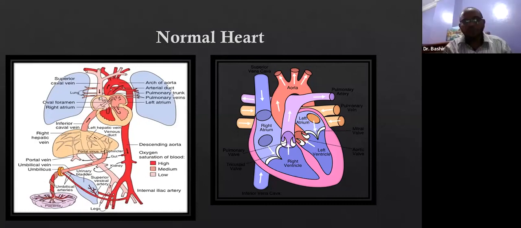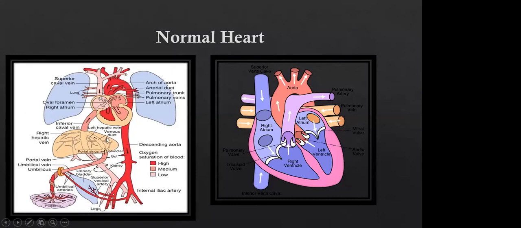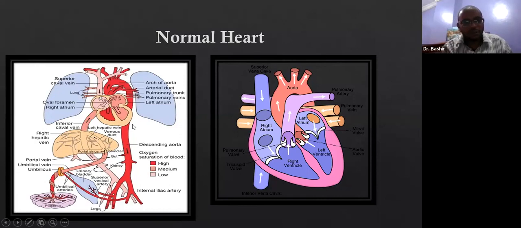First of all, we have to start with the normal heart and we have to know the fetal circulation. In the fetal circulation we have the placenta, from which the blood is going to the fetus. The oxygenated blood will go through the umbilical vein, and the umbilical vein through the ductus venosus, or the venous duct, to the inferior vena cava, going to the right atrium, and through the foramen ovale, it will go to the left heart, the left atrium.